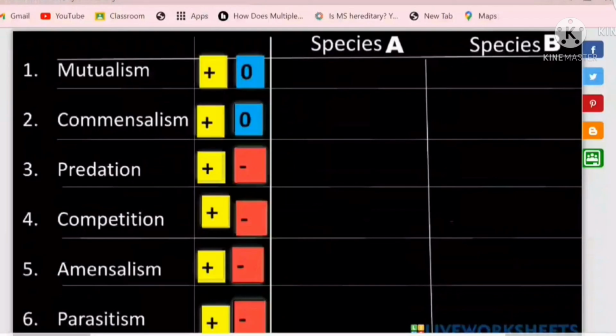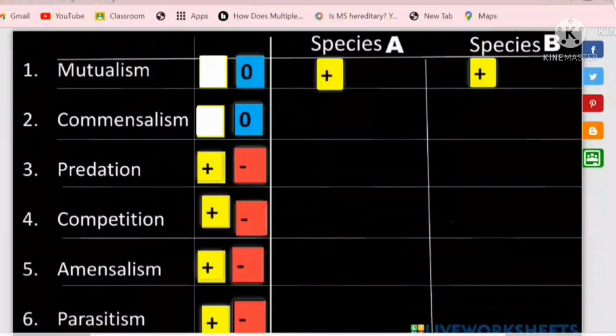Now let's recapitulate what we studied about the population interaction. Mutualism is such a relationship where species A is benefited and species B is also benefited. So there is mutual relationship. Now next is commensalism.